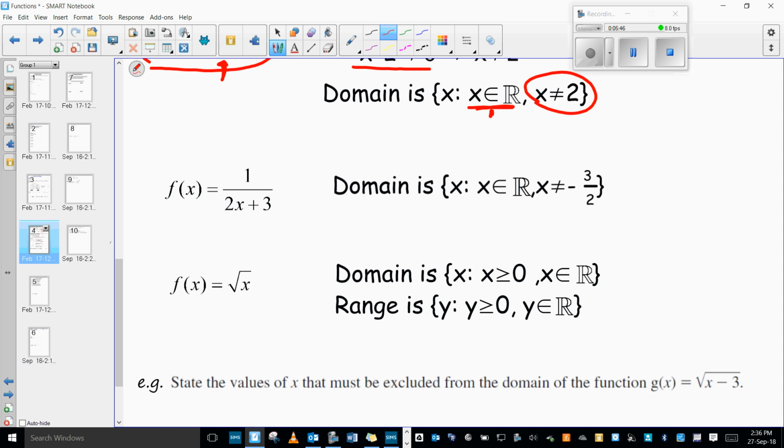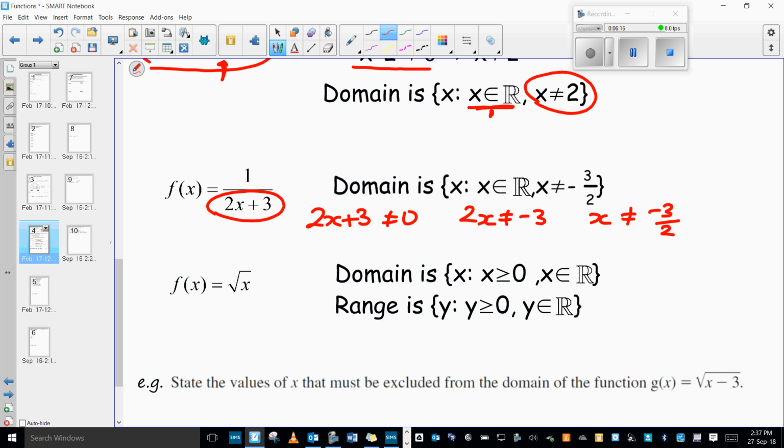Similarly for this one, again, we are not able to have our denominator as 0, so it takes a little bit more work here, because we know that 2x plus 3 cannot equal 0, and so therefore 2x cannot equal negative 3, therefore x cannot equal negative 3 over 2. You may or may not notice that this is a similar way to how we were solving quadratics.